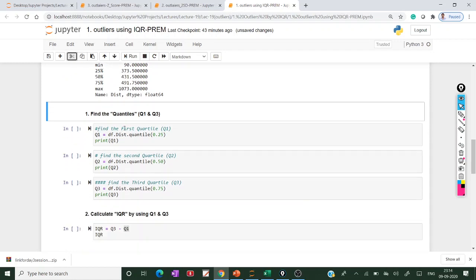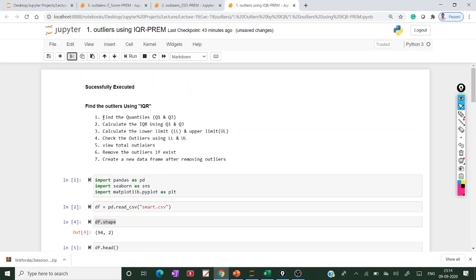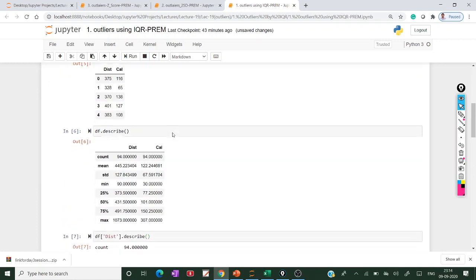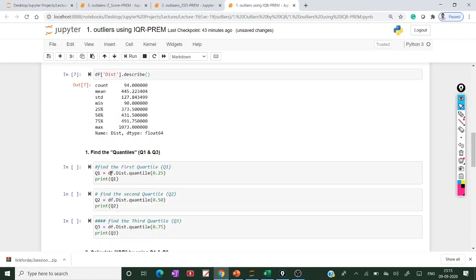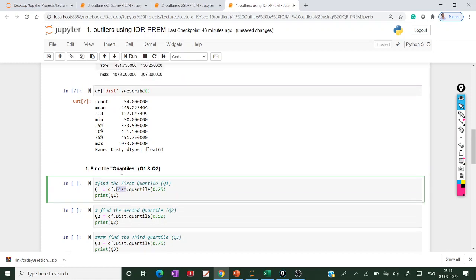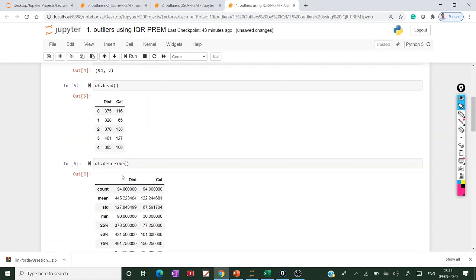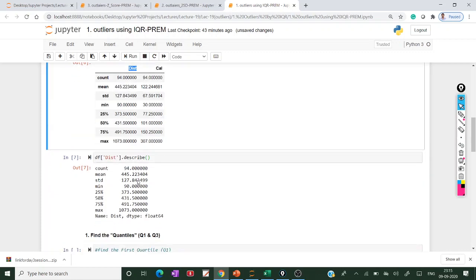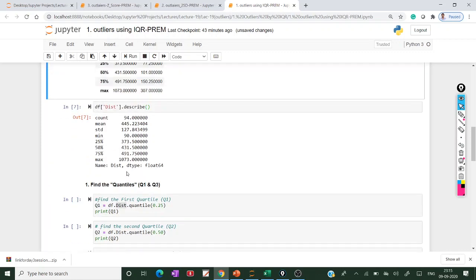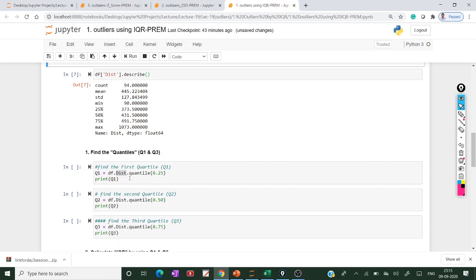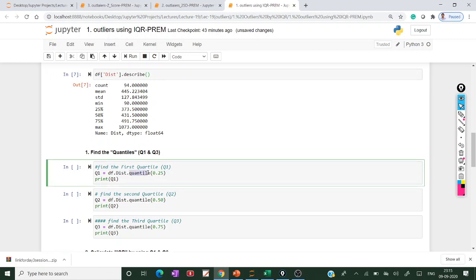So what is the first step here? First find the quantiles Q1 and Q3. We take the df data frame, and we are calculating the outliers for one particular feature, the input feature, which is dist. I am checking whether outliers exist in this dist feature, and we use the quantile method with 0.25, meaning 25%, which is nothing but quartile 1.